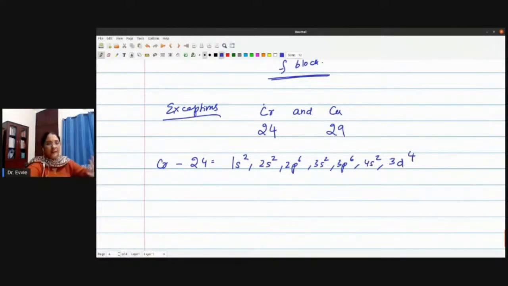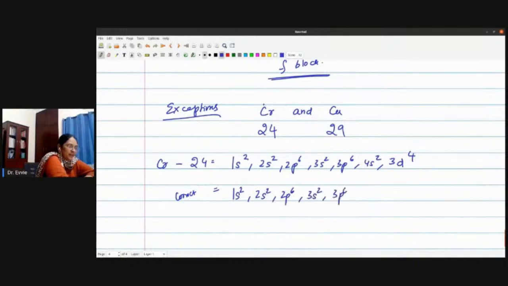But actually, how do you write? You would have studied in atomic structure, there's an exception. So the correct electronic configuration would be 1s2, 2s2, 2p6, 3s2, 3p6, 4s1, 3d5.